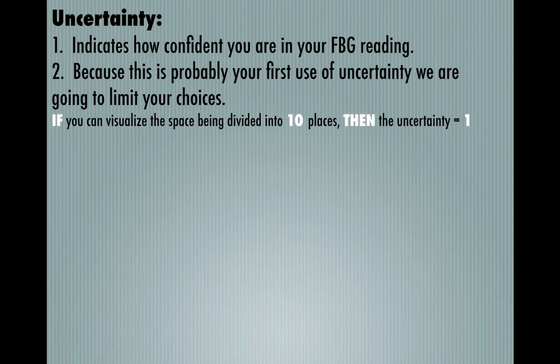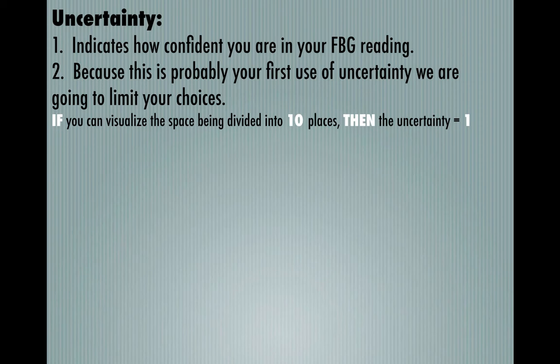So here's the deal. The spaces we looked at between the tick marks, and we talk about the fact that they have value, if you think you can visualize, you can take your eye and you can say, oh yeah, I can probably divide that in my mind into 10 places. Well, that gives you a good amount of certainty, because now you don't have to guess whether, for example, it's 0.7 or 0.8, because you could visualize a line for 0.7 or 0.8, which is what we did earlier.